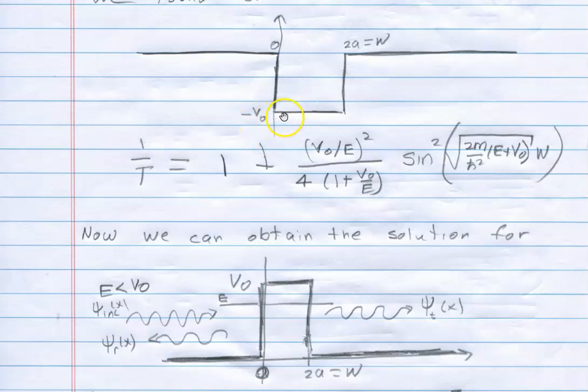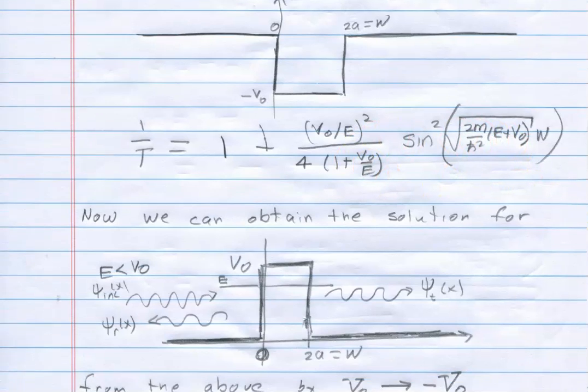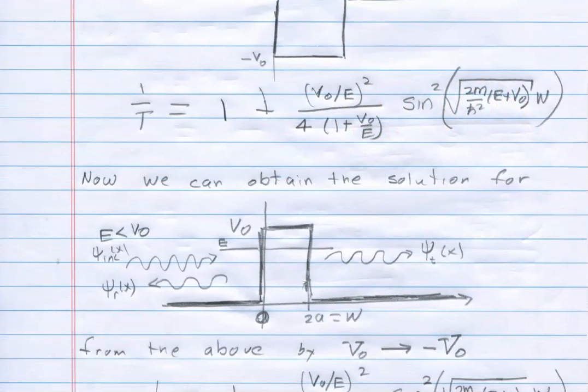positive, but what if I let V naught go to minus V naught? Well, then this thing flips over on top, and so I should get the same results by simply letting V naught go to minus V naught in this solution up here for the transmission, the expression up there.